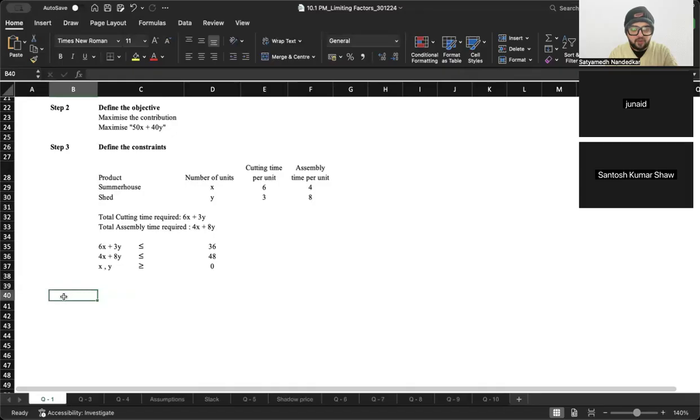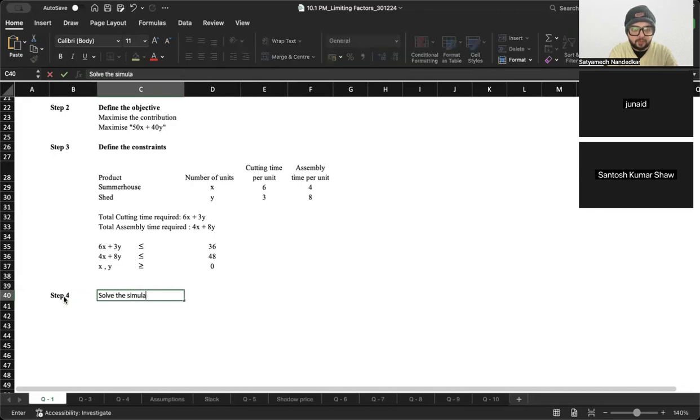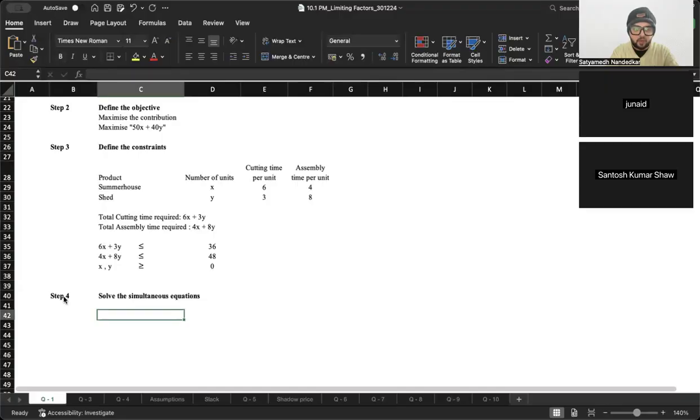Now you will have to solve step 4. You'll have to solve the simultaneous equations. So how do we solve? We have two equations here.